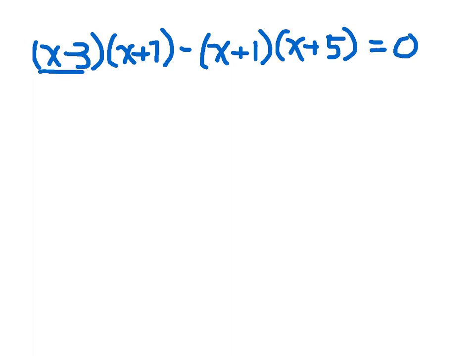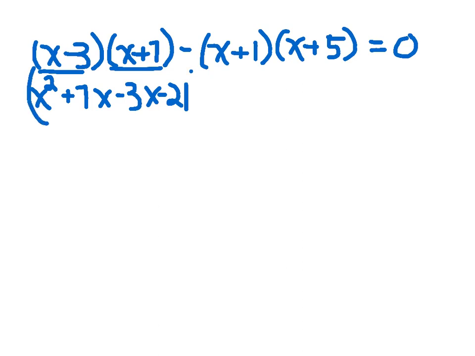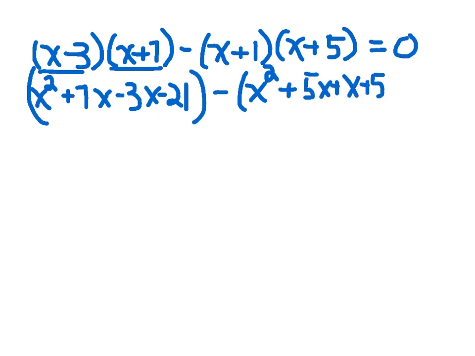So I have a polynomial times a polynomial here, so we're going to do what we just learned how to do. X squared plus 7x minus 3x minus 21. Ooh, this is tricky. I'm going to put this in parentheses. Minus x squared plus 5x plus x plus 5 equals 0.